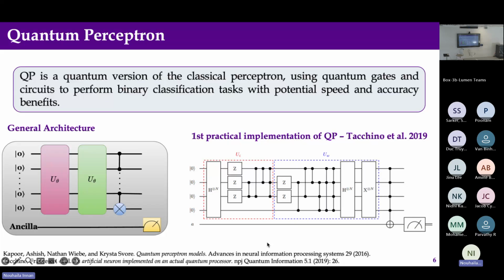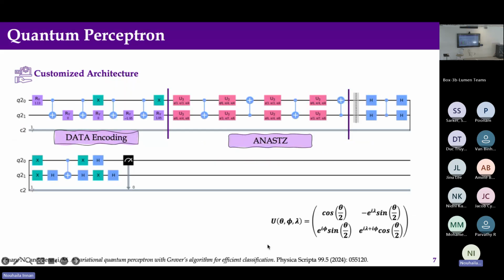That's why in almost all the papers, you will find a customized architecture. So in general, this is how it works, but on the implementation side, especially for applications, it will be something different. And this is just one example. So this is what we call customized architecture.